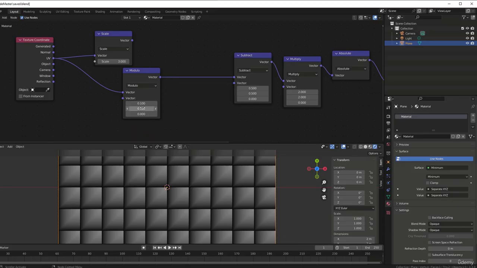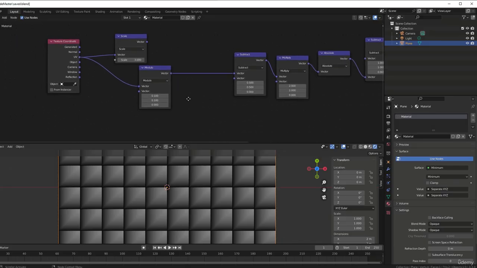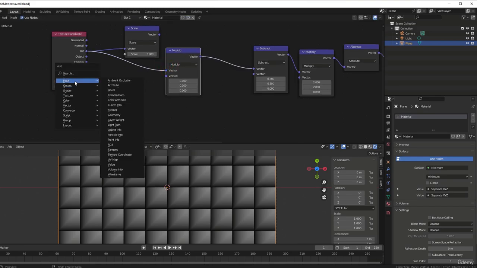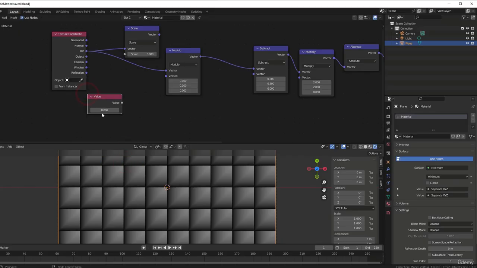So we need to multiply this value until we get 0 to 1 out here. The easiest way to solve this is to have an input. So if I press Shift A and select input and select value here, we say that we put in 10 here. Then we can just take this 10 and divide it by 1, and then we get this result.